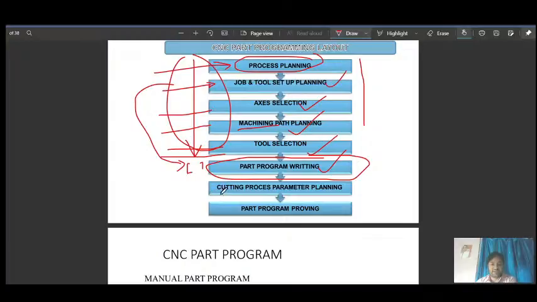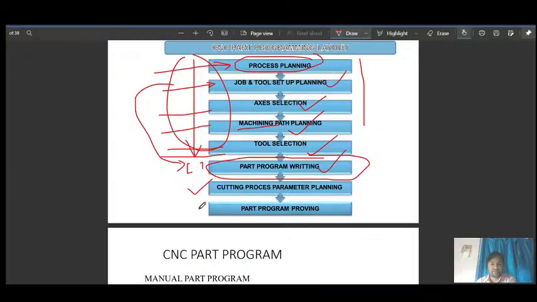And then we have cutting process parameter planning. Sometimes we need to use coolant, so we can also plan it in our programming.